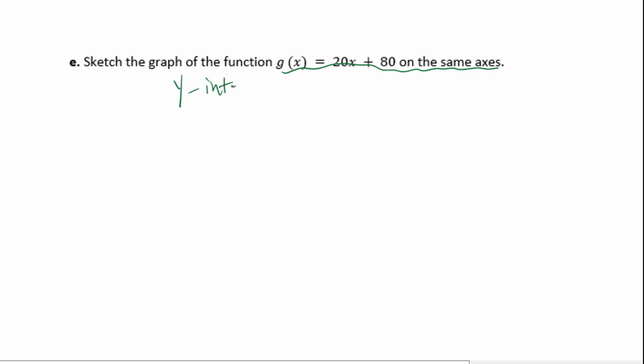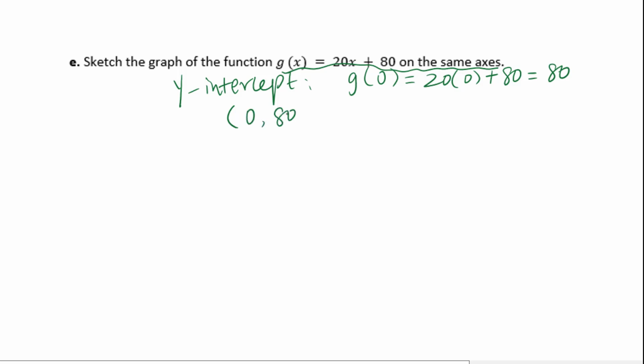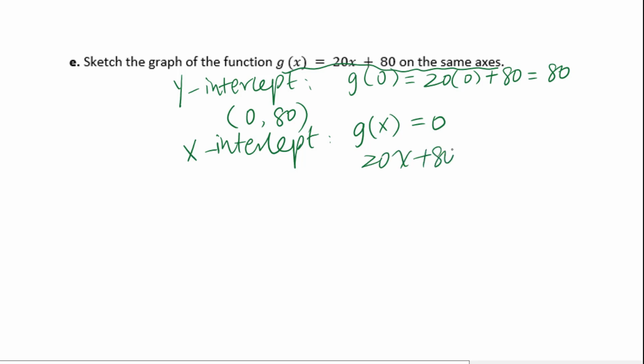For the y-intercept, g of 0 equals 20 times 0 plus 80 equals 80. The y-intercept will be 0, 80. For the x-intercept, we will make g of x equals 0.